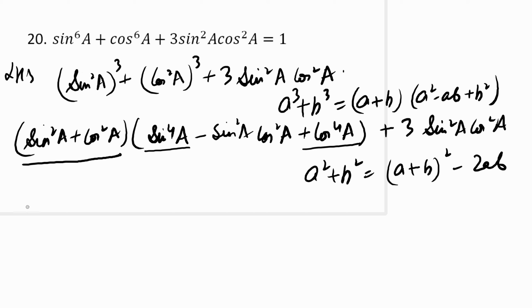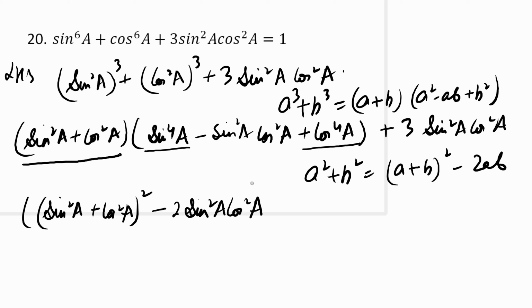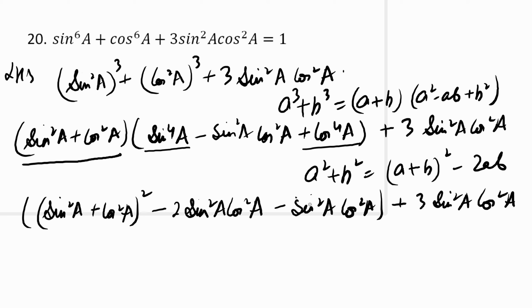So this will become sin square a plus cos square a whole square minus 2 sin square a cos square a, minus sin square a cos square a, plus 3 sin square a cos square a.